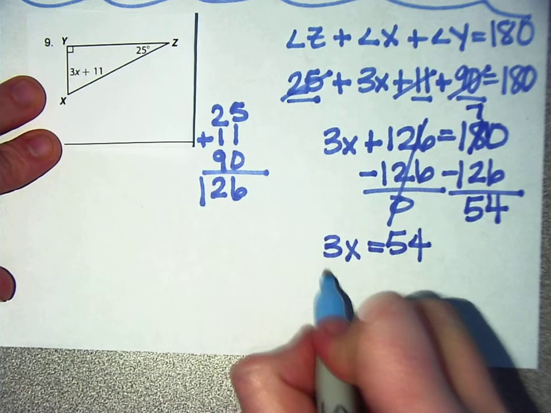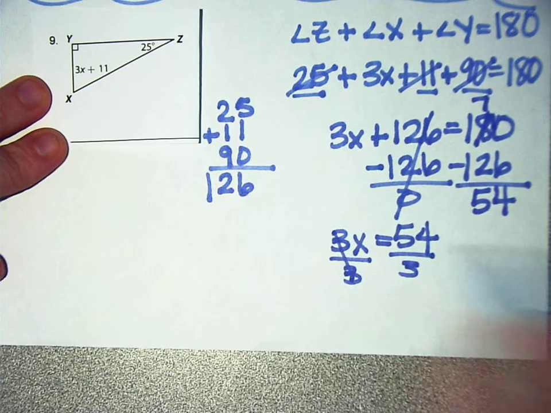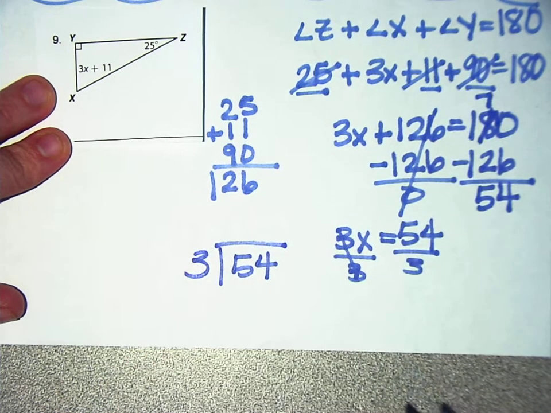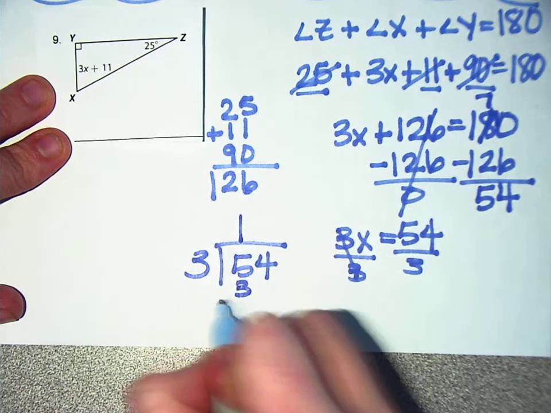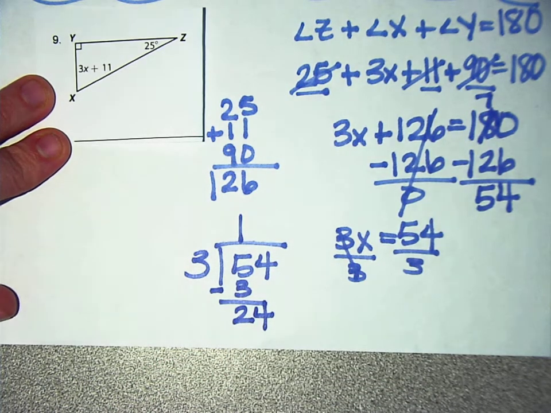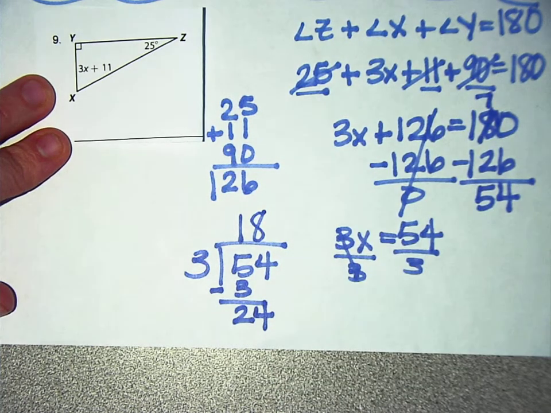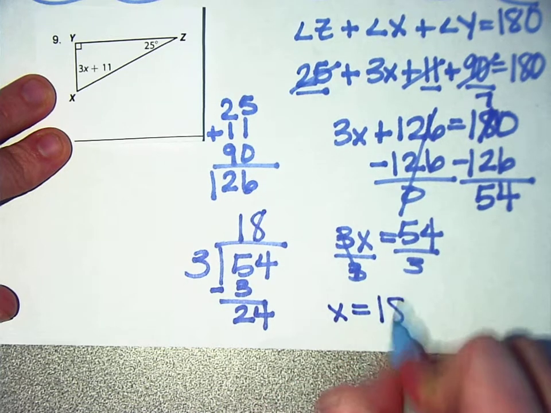Now we're just going to divide by our coefficient. So now I've got 54 divided by 3. 3 goes into 5 once. Subtract. And 3 goes into 24 8 times. So x equals 18.